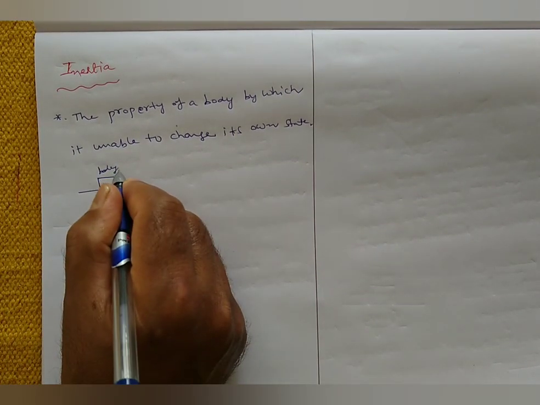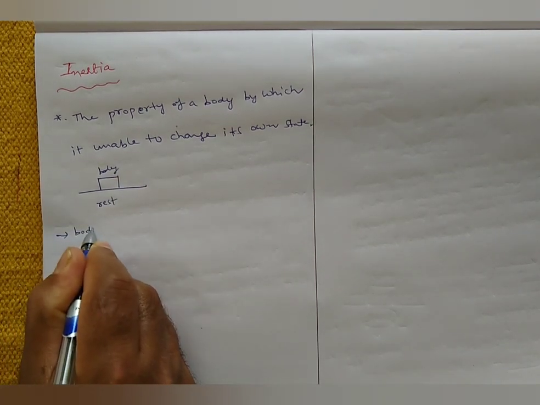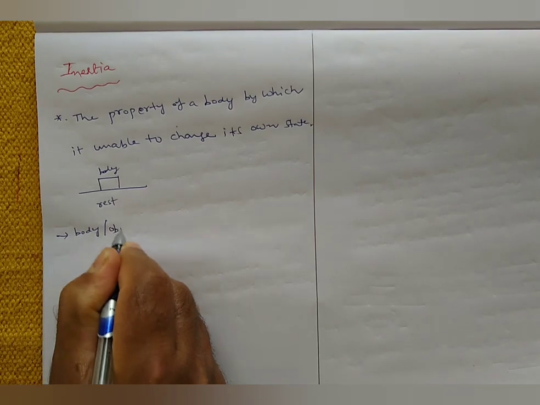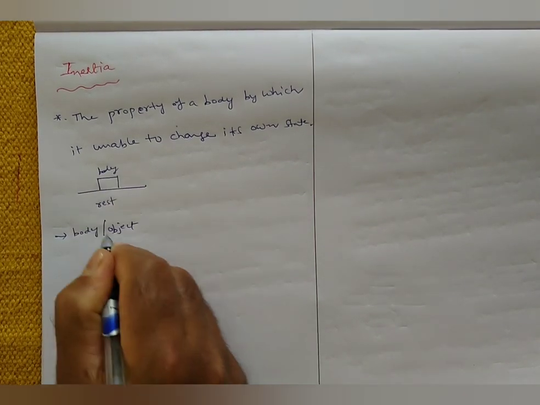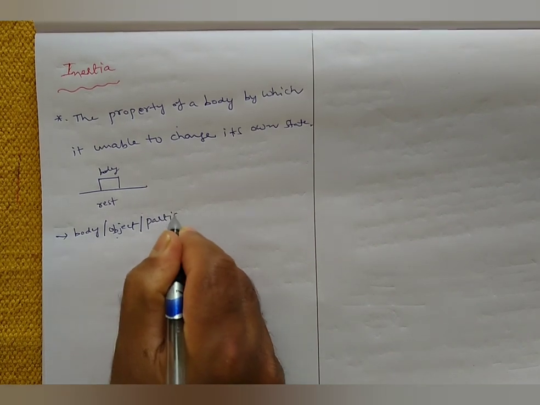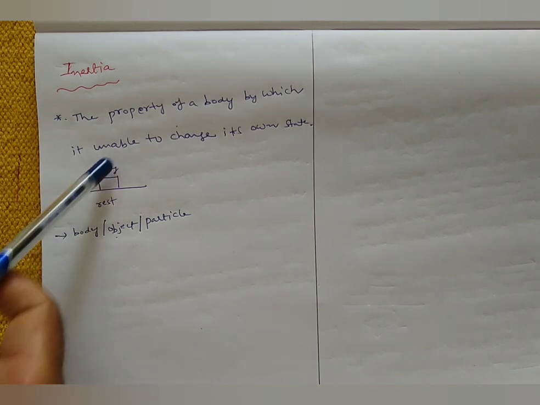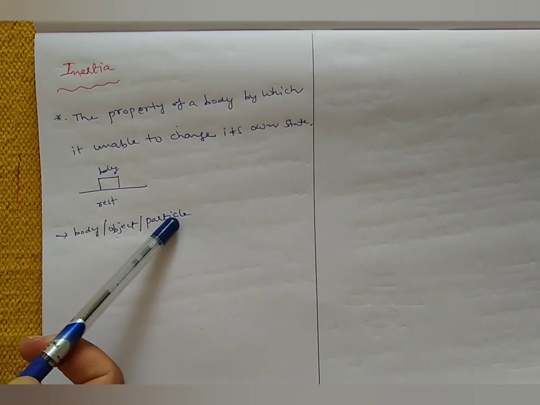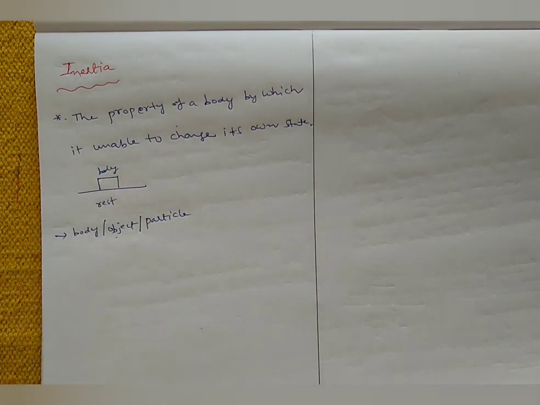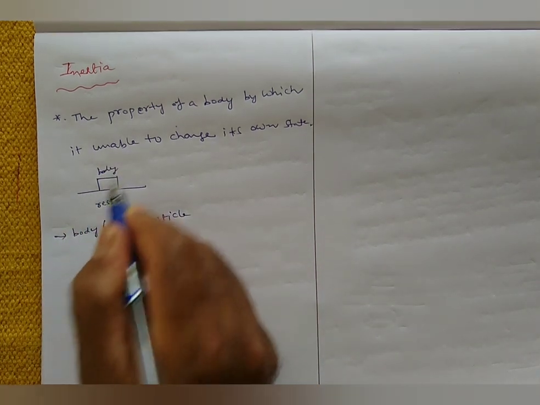Generally in this chapter we will use terms like body or object, or in some cases particle. So sometimes we use the term body, object or particle in this chapter.